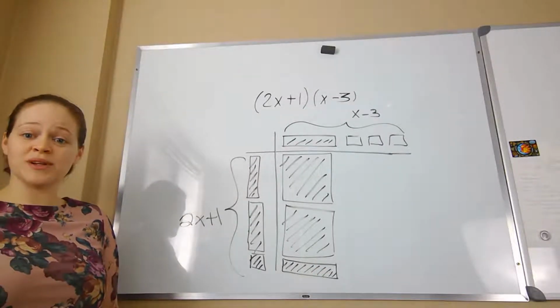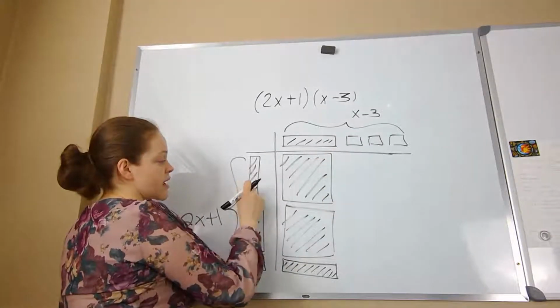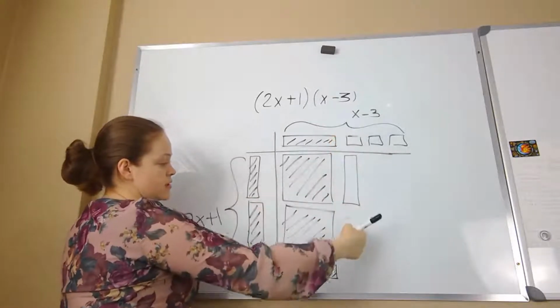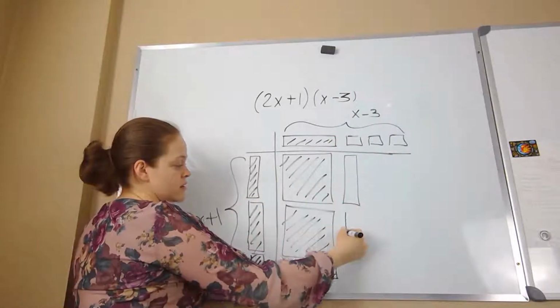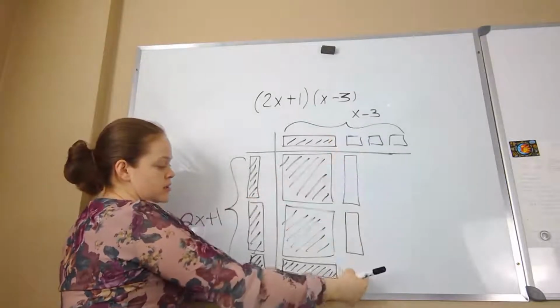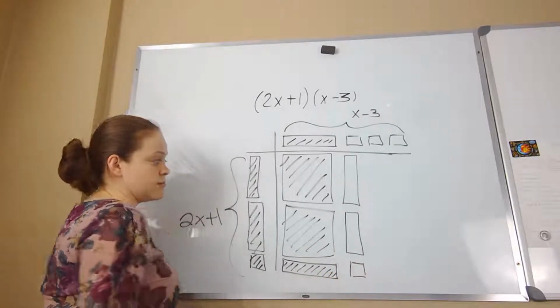Then you just got to move on. We're going to keep repeating until we're done all the lines. So we have negative 1 times x. It's going to be negative x. Negative 1 times x. It's going to be negative x. Negative 1 times 1. That's going to be negative 1.